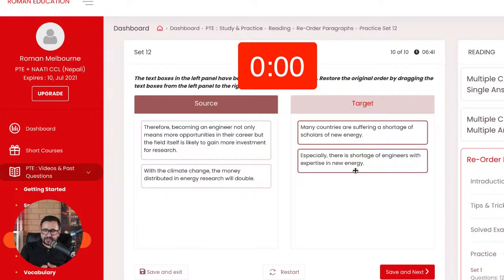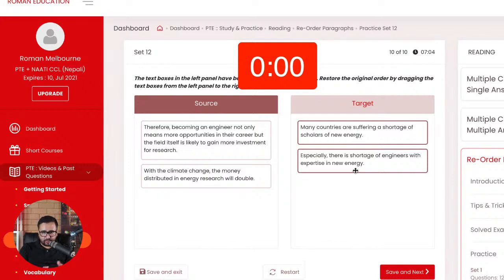So look at these 2 sentences and try to decide which could be the third sentence and which could be the last sentence. There, the sentence which starts with therefore is telling us, therefore, becoming an engineer not only means more opportunities in their career, but the field itself is likely to gain more investment for research. With the climate change, the money distributed in research will double.